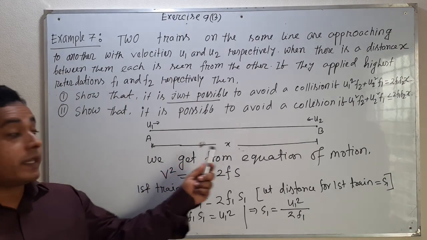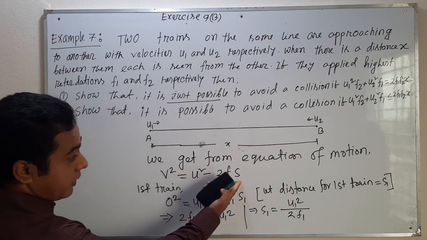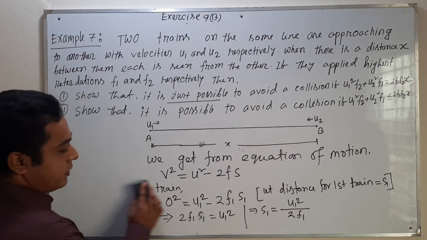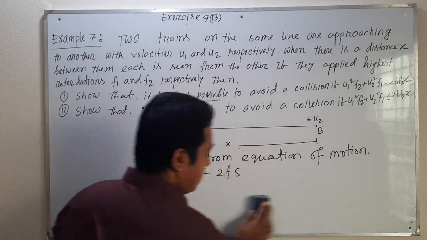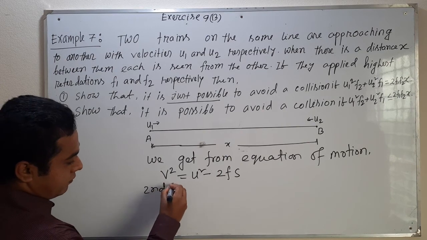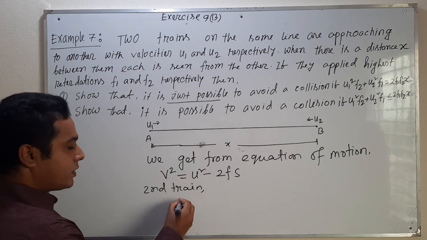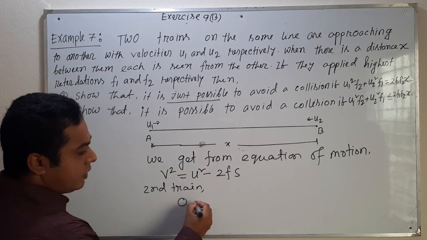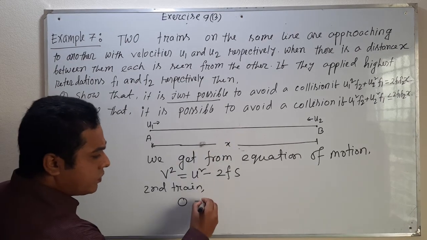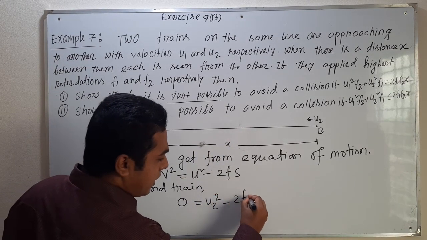Now apply the same equation of motion for the second train. The final velocity is 0, the initial velocity is u2, and f is f2.